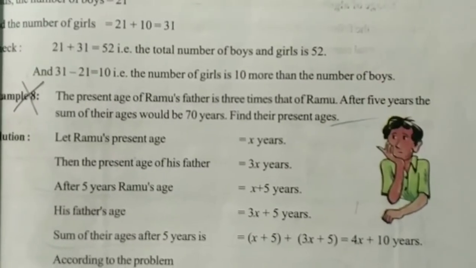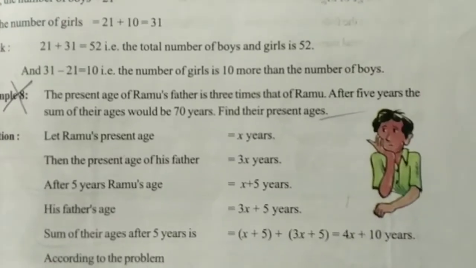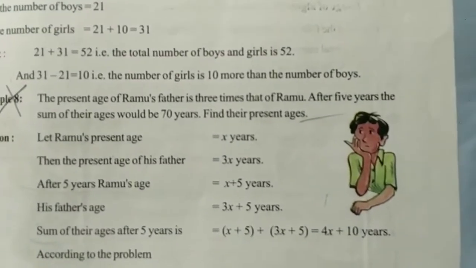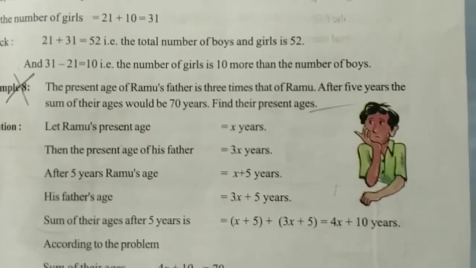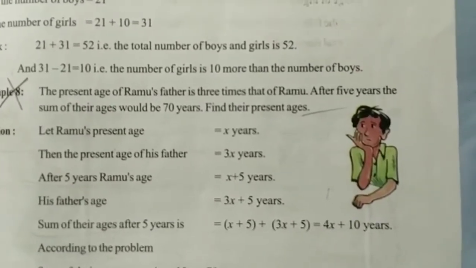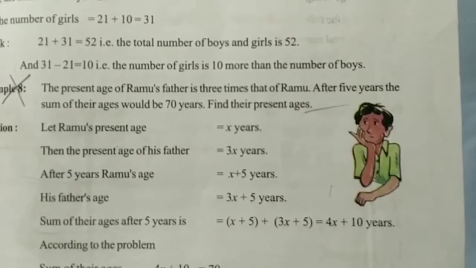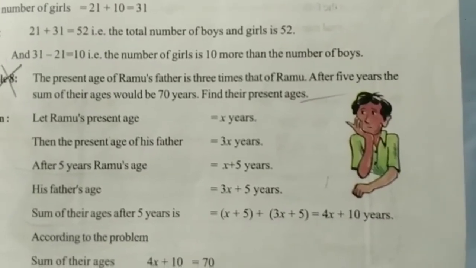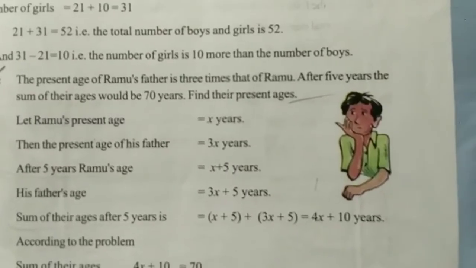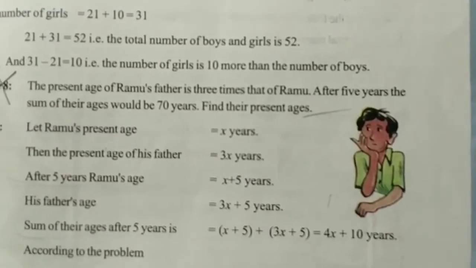The question is, the present age of Ramu's father is 3 times that of Ramu. After 5 years, the sum of their ages, that is Ramu's father and Ramu, would be 70 years. Find their present ages. We have to find Ramu's father's age and Ramu's age.